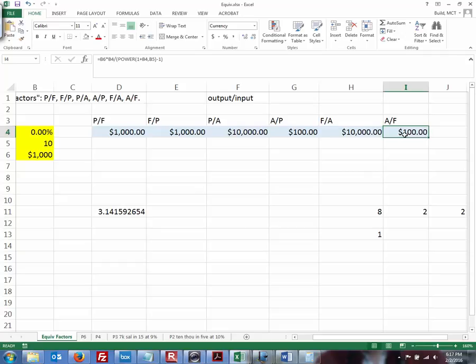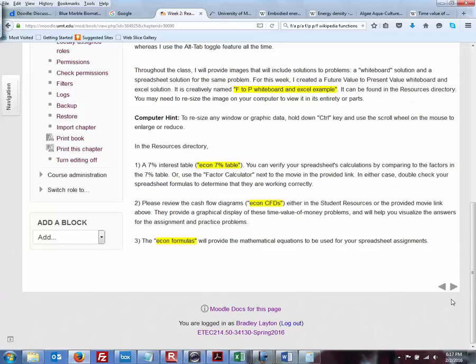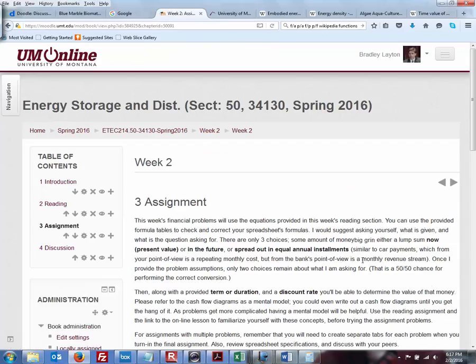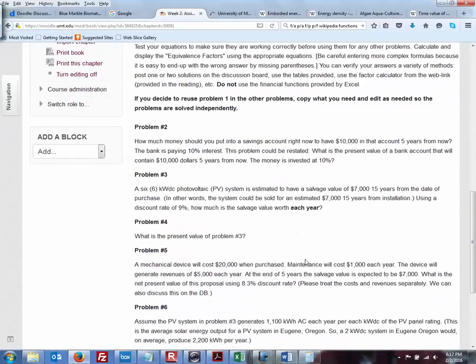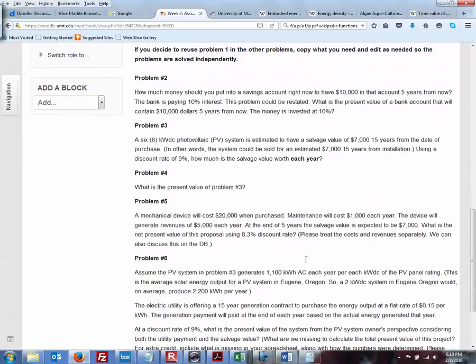So I think that's all there is for assignment 2. Let's double check. There might be a few more to mess around with. Oh, here we go: 3, 4, 5, 6.